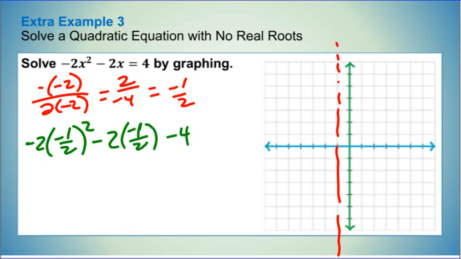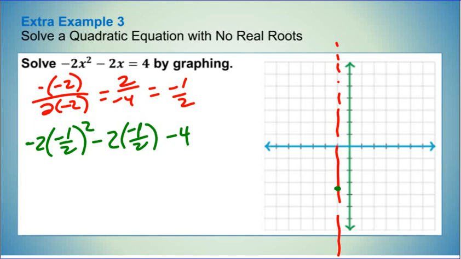This would be -4. So we have -2 times 1/4, and then I need to add 1 to that and then subtract 4. I end up with -3.5. So I put a point at -1/2 and -3.5, roughly here.